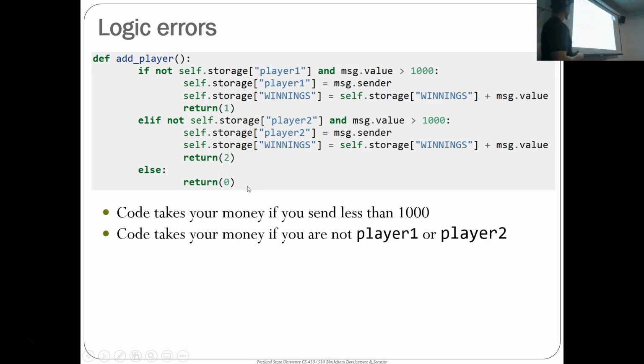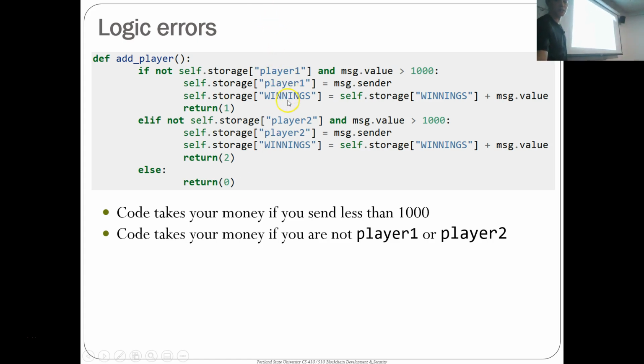But if you look at this smart contract, if you call this function and you don't have 1,000 attached to it, the smart contract eats your money. It just takes it from you. The other thing is that the code takes your money if you're not player 1 or player 2.